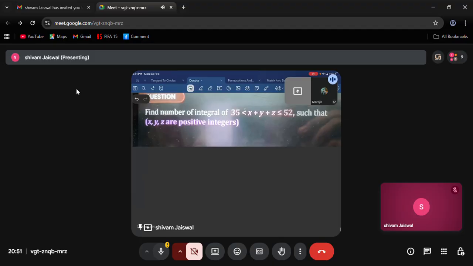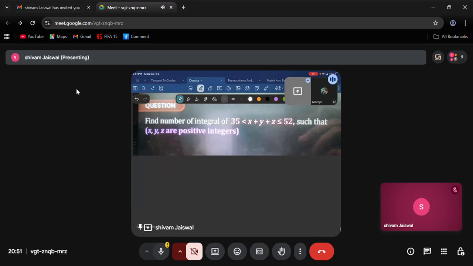So first of all, find the number of integral solutions. Here x, y, and z can be any integer, right? Positive integers, sir.